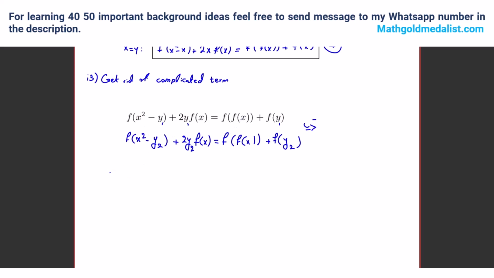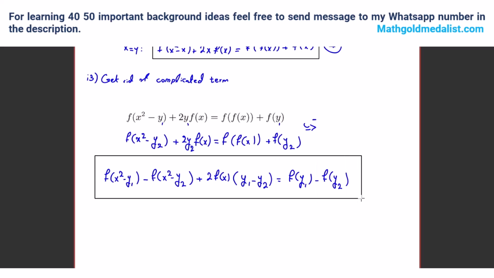The left hand side will be f of x squared minus y1 minus f of x squared minus y2 plus 2f of x times y1 minus y2 is equal to f of y1 minus f of y2, okay?